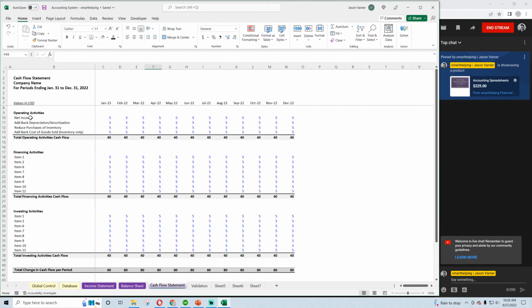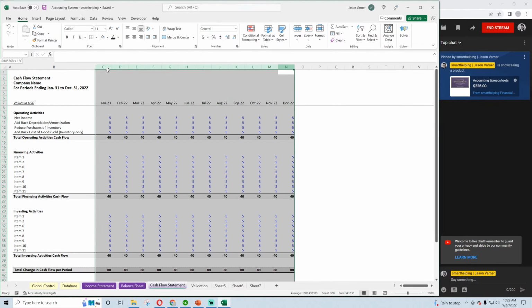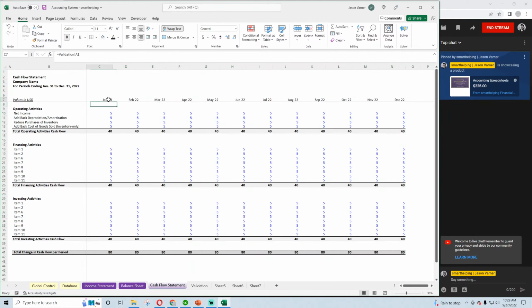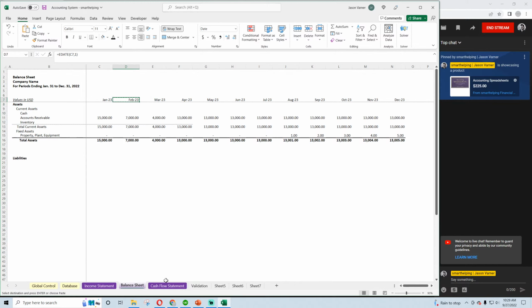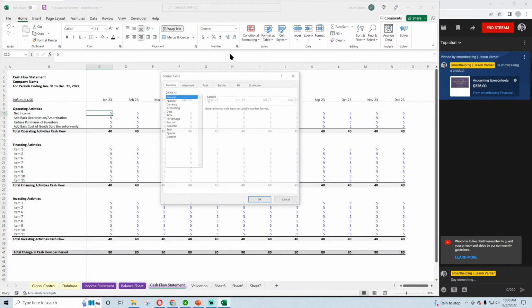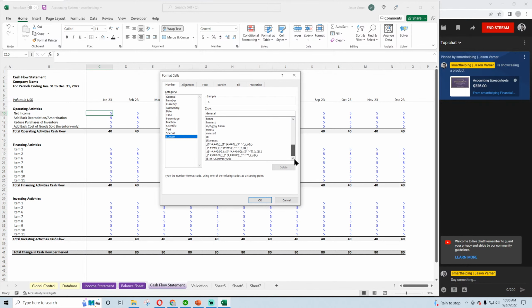The cash flow statement. So we have net income. Let's extend this column width, zoom out. Okay. Now, net income is going to come right from the income statement, whatever that might be.